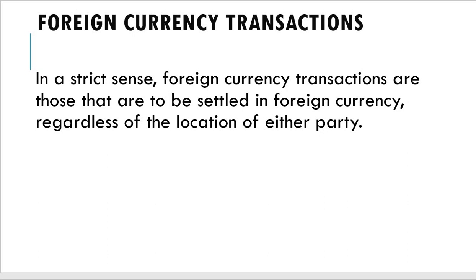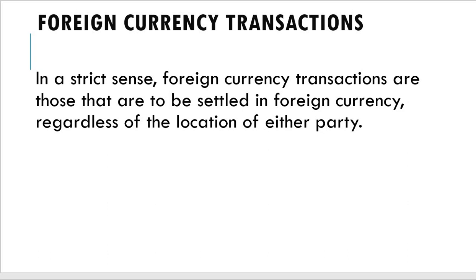So in a strict sense, foreign currency transactions are transactions that are to be settled in a foreign currency, regardless of the location of either party. Foreign currency transactions are economic activities denominated in a currency other than our recording currency.